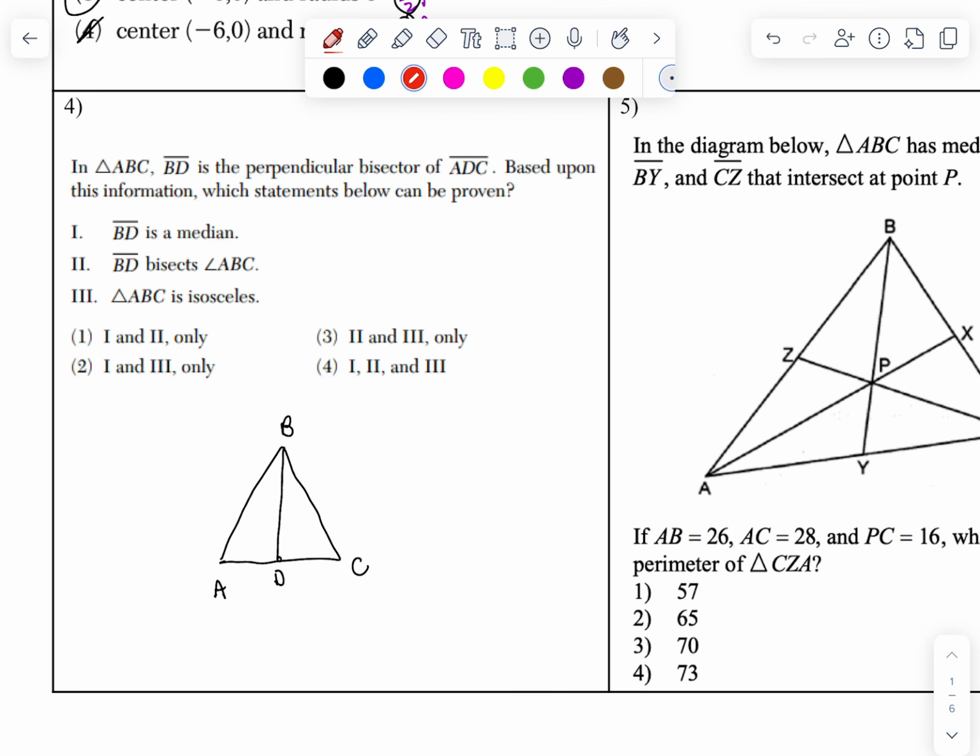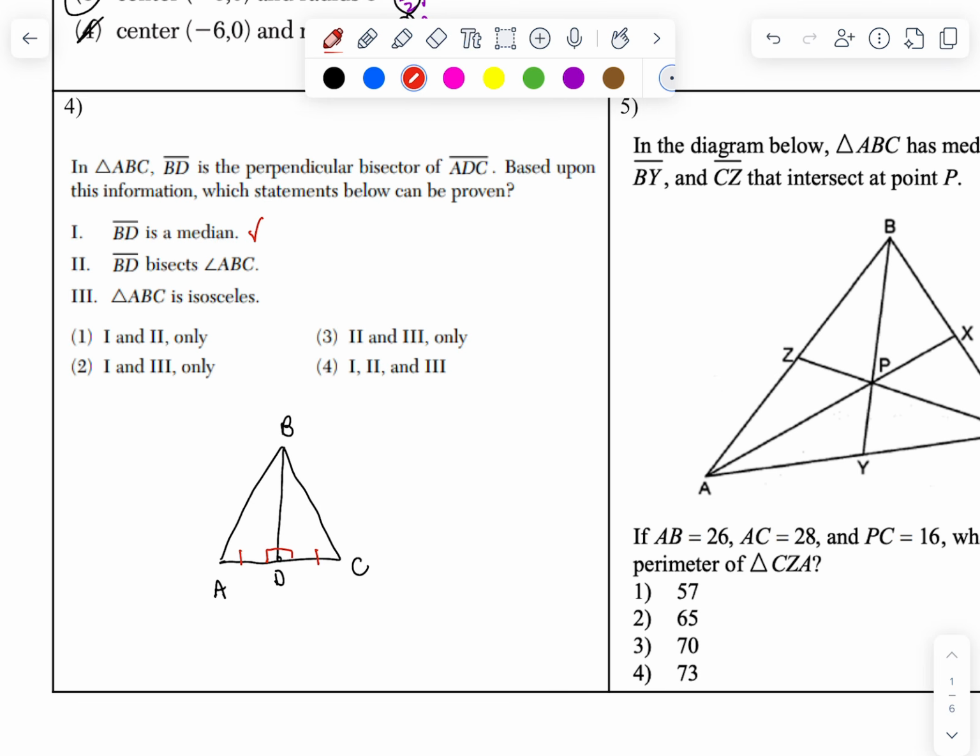And since it's the perpendicular bisector, it creates right angles. And it also splits in half because D is the midpoint if it's a perpendicular bisector. So it says which statements can be proven. BD is a median. That is true. It is a median. It connects midpoint to opposite vertex.